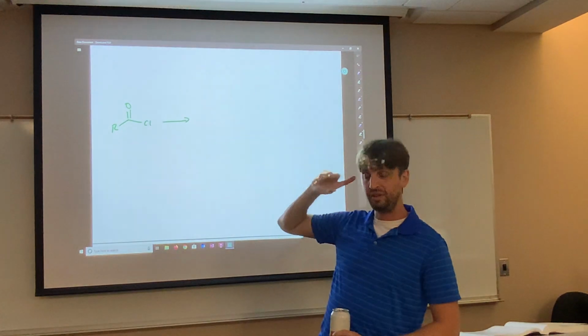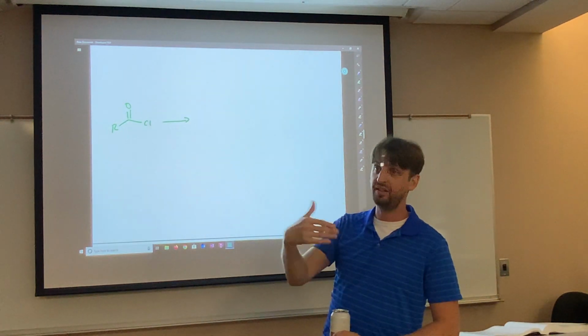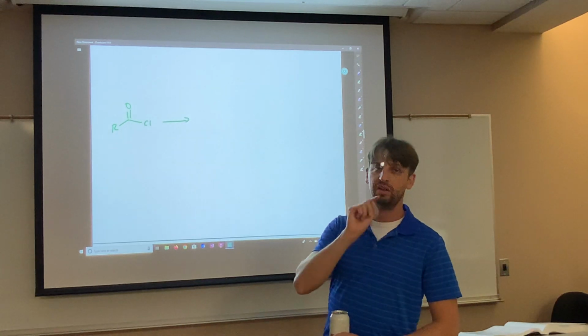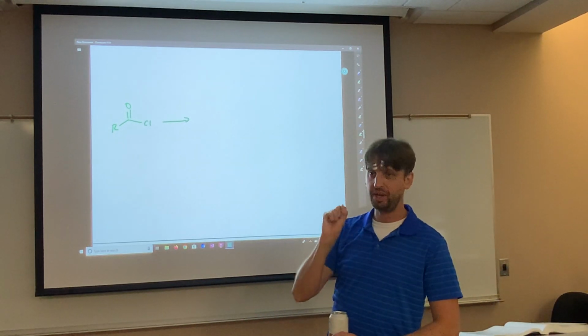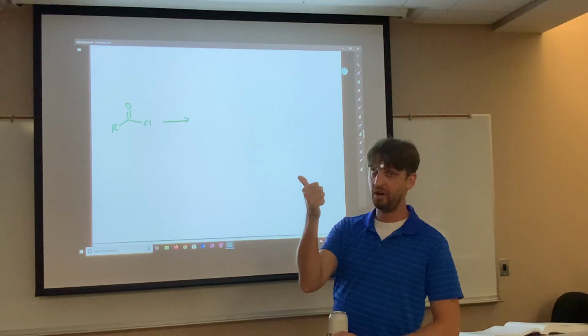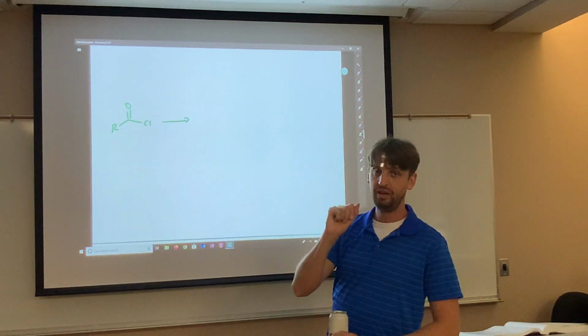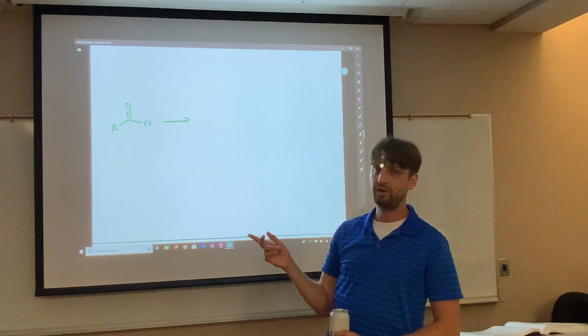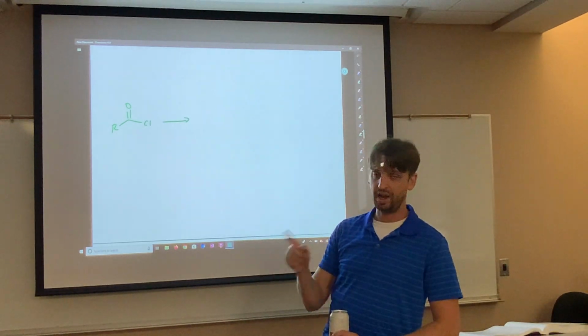What we're going to do is use the halogens here in substitutions, okay? Now be careful, because when I say substitution, you guys should immediately think of two things, SN1 and SN2. Neither one of those is really happening here. The substitution we're doing here is the door mechanism, okay?